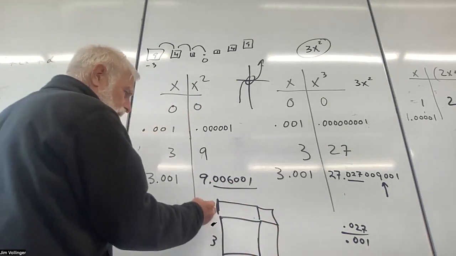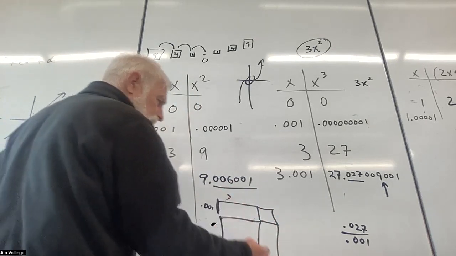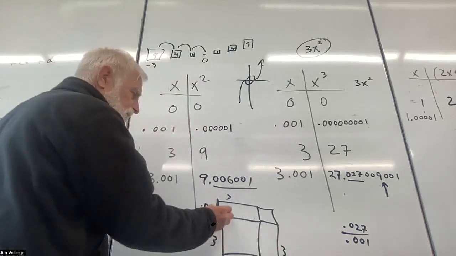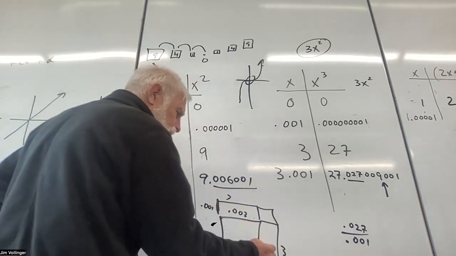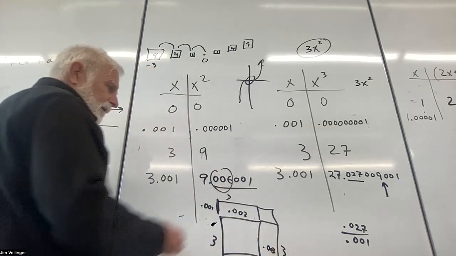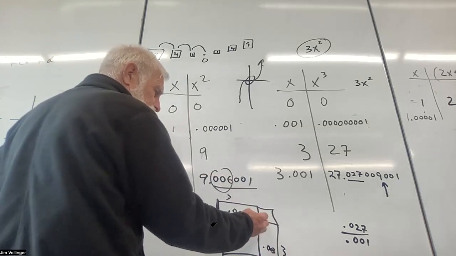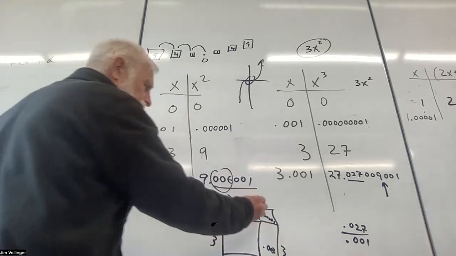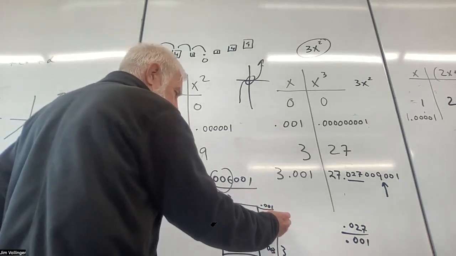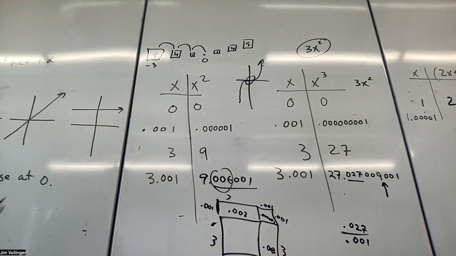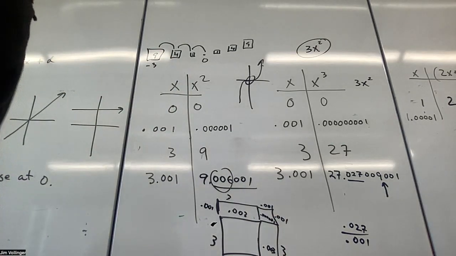Here you've got 0.001 times 3, and here 0.001 times 3, and there's your 0.003 and your 0.003, and now you can see where that's coming from. And this area here is 0.001 times 0.001. You ignore that. That's the limiting process.